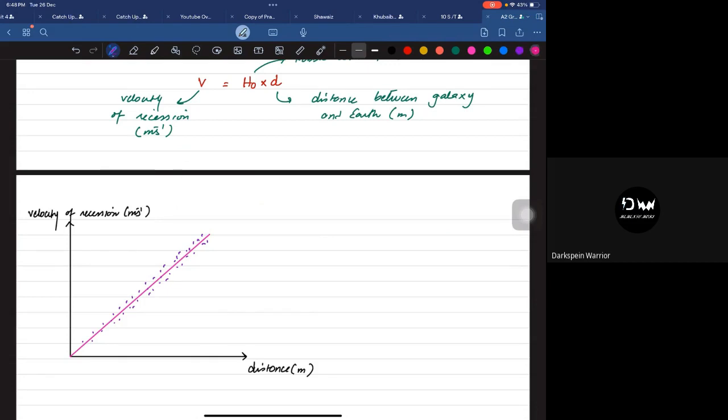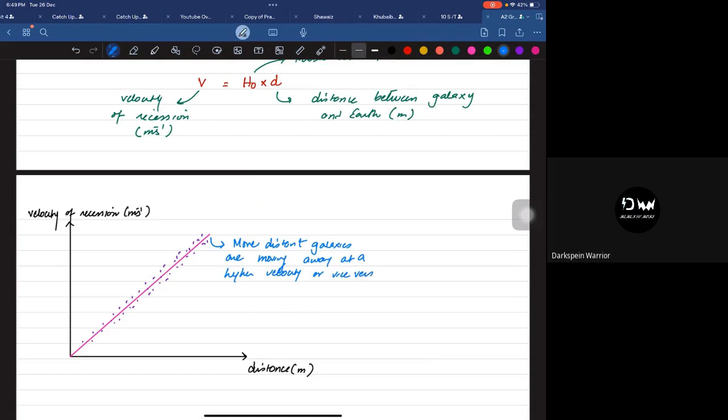Now, more distant galaxies are moving away at a higher velocity, or vice versa.